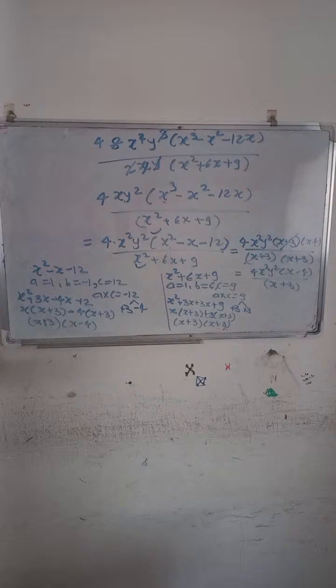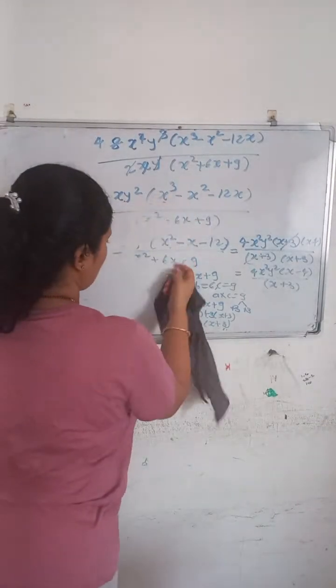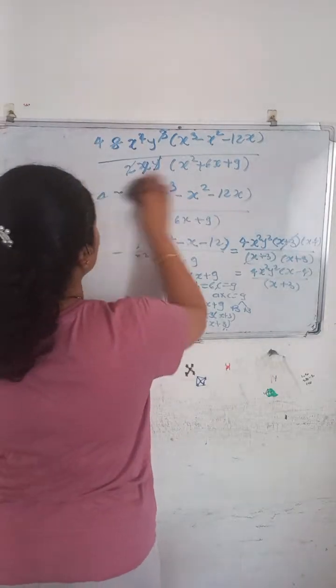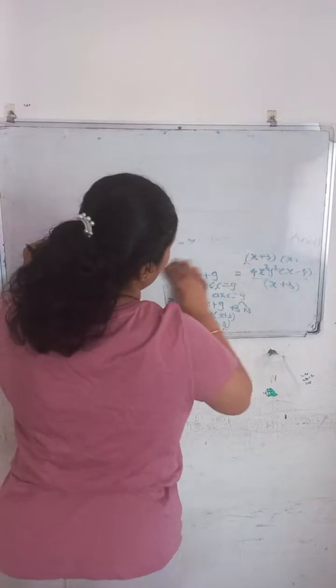Now write down the next question. Factorize 21x square y square. I will write here. Those who are able to do it can type the answers in the chat box, and then I will also solve, and then we can verify.